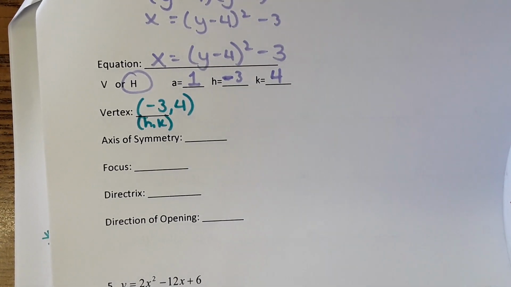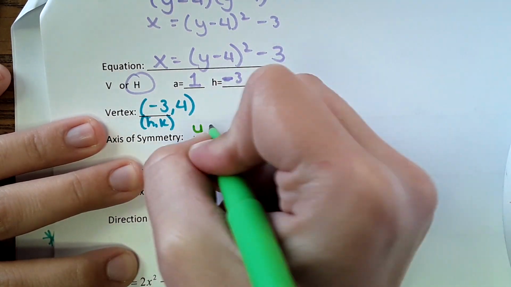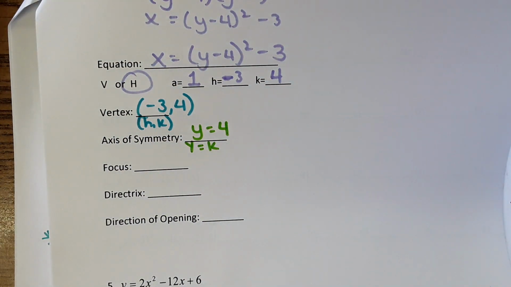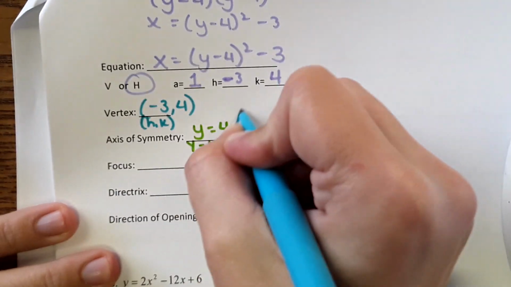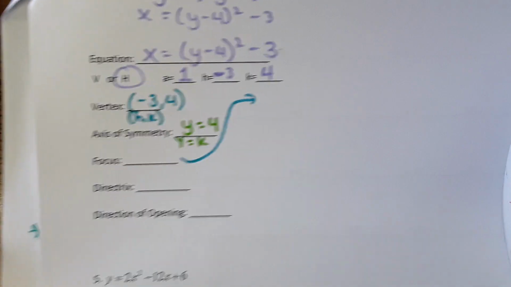Then axis of symmetry, again referring to the chart, says axis of symmetry is y equals k, so y equals 4. Then the focus, so for focus, it's this equation here. I'm just going to copy that down and then fill in numbers.